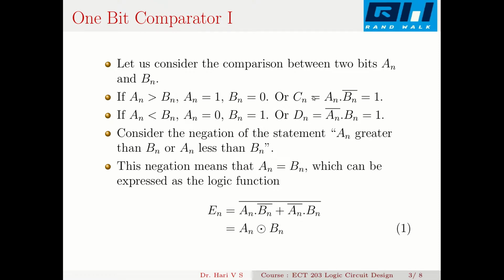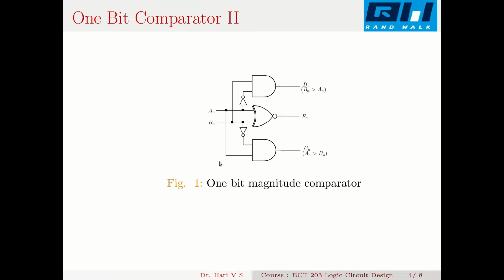So these three equations, Cn, Dn and En, I can summarize into one single magnitude comparison cell, which looks like this. These are the bits An and Bn. This is An XNOR Bn. What is En? If An is equal to Bn, that is, if both are zeros or both are 1, then En is equal to 1.